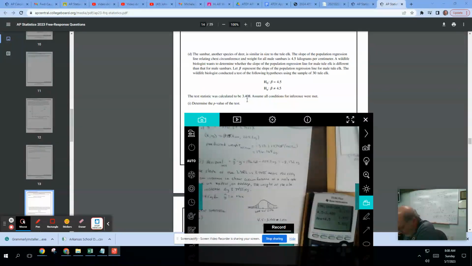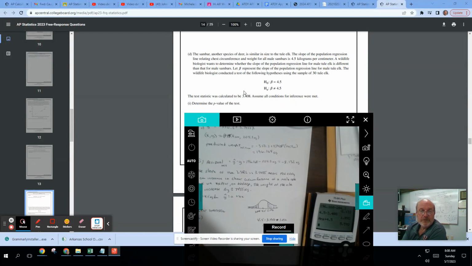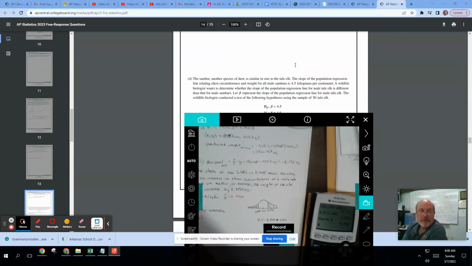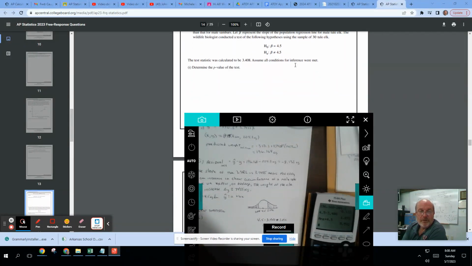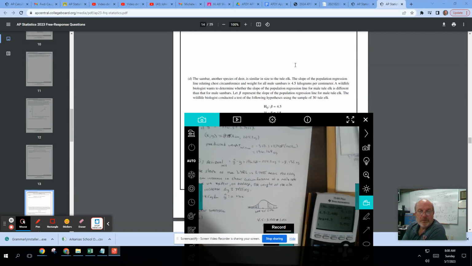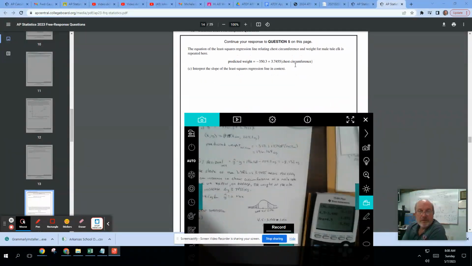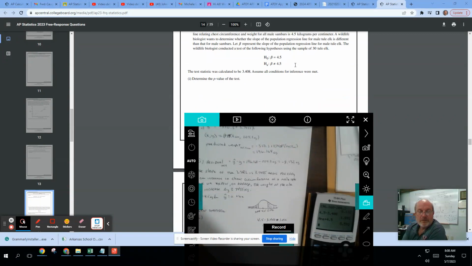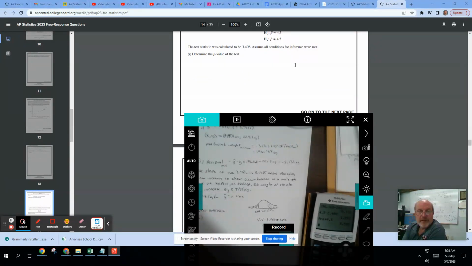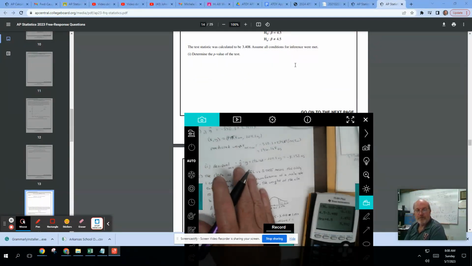Or we could convert all of those to a standard score, where we take the x value minus the mean and divide by the standard deviation, if we're given a standard deviation, which I don't think we're given. So I'm going to go ahead and use the one sample z-test because n is greater than 30.